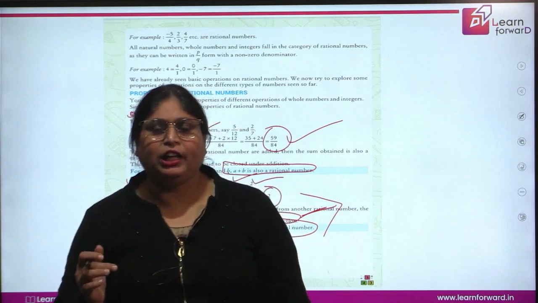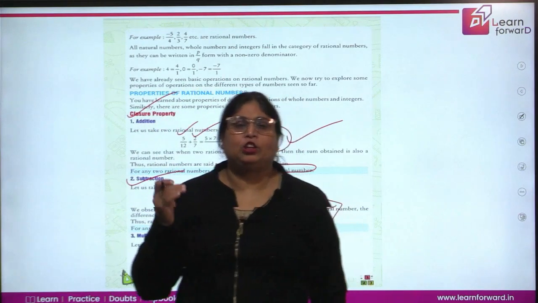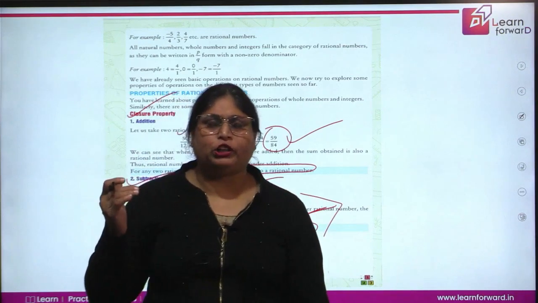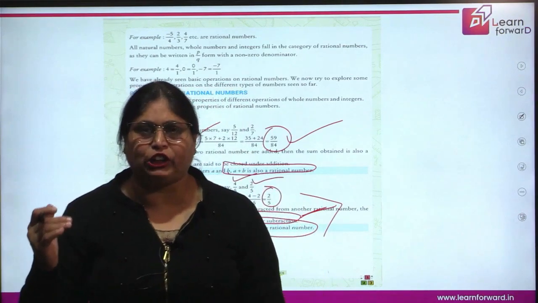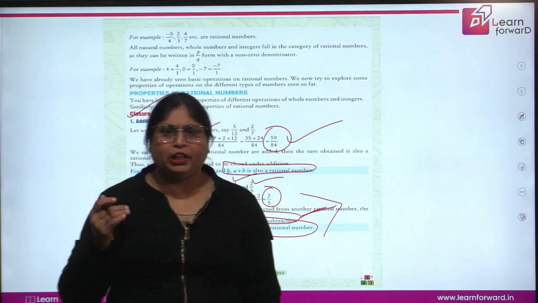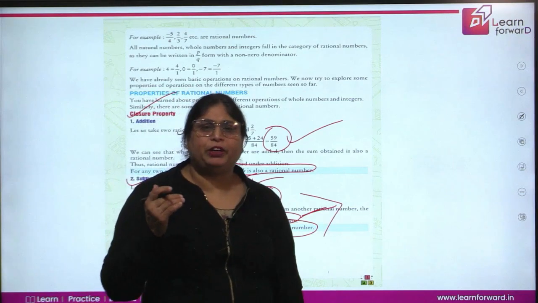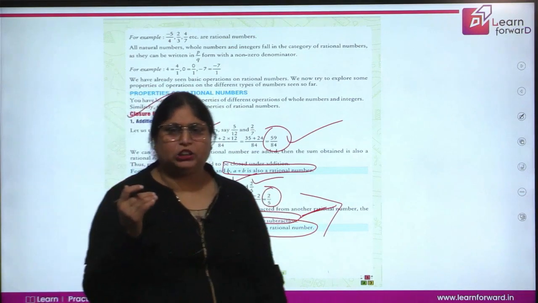Any query till now? Okay, you are getting the point here that the closure property holds good for subtraction and addition of rational numbers. Moving on to the next property, that is the closure property of multiplication of rational numbers. Next property is again multiplication.